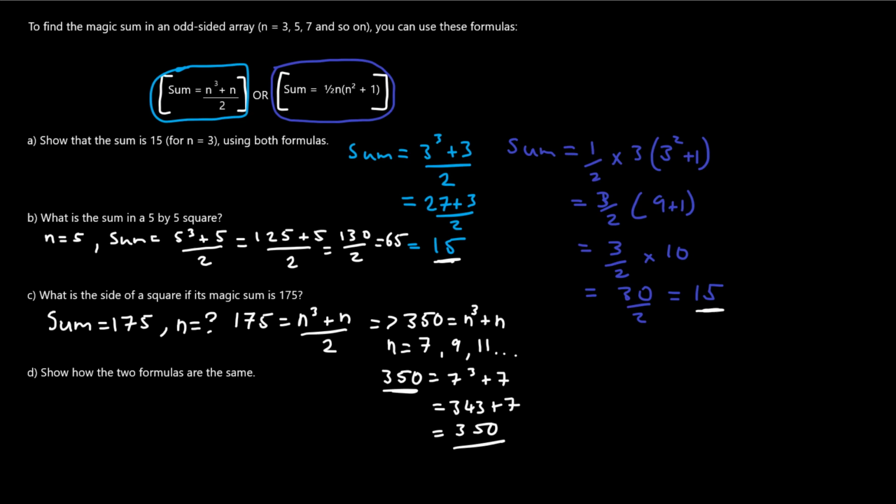We've got it. But we want the side of a square if its magic sum is 175. We can double check that. If we just sub in n equals 7, it should give us 175. You can check that yourself if you'd like, but I'll move on to the next question.